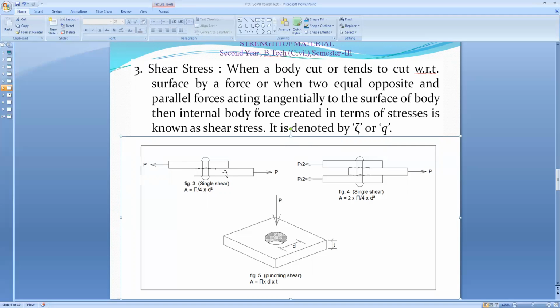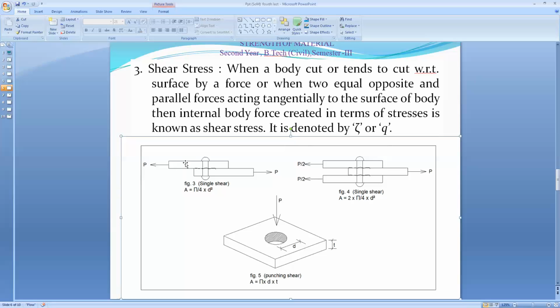Plate number 1 is subjected to an axial force, capital P, and similarly capital P acts on plate number 2.